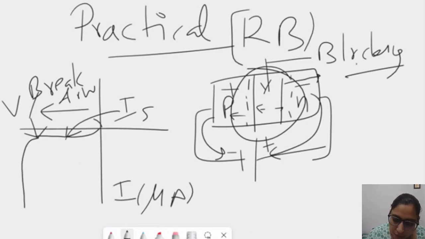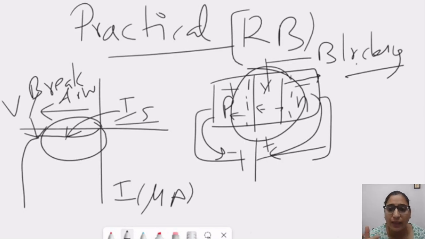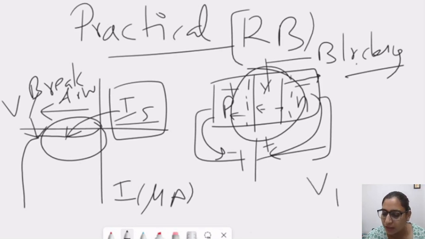So first, we understand why this current is flowing. Although this current IS is very negligible, why is it flowing? It is flowing due to the random motion of charge carriers inside the depletion region and due to thermal voltage.